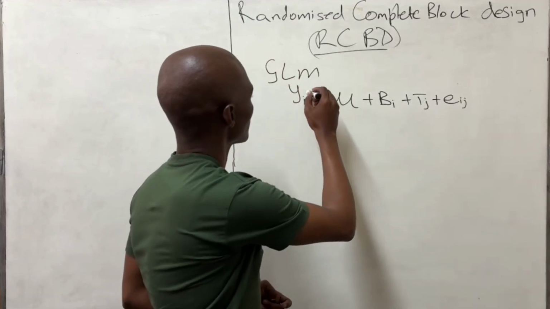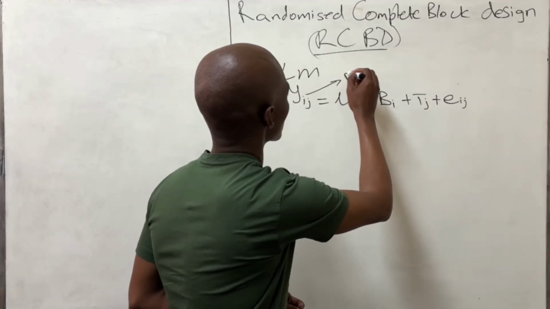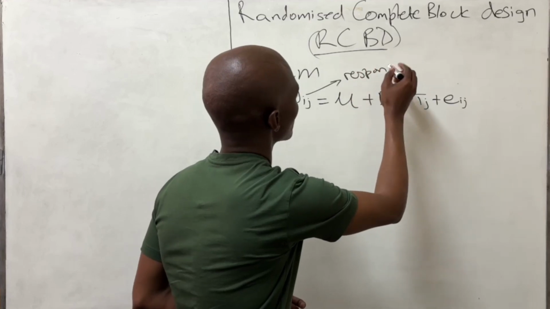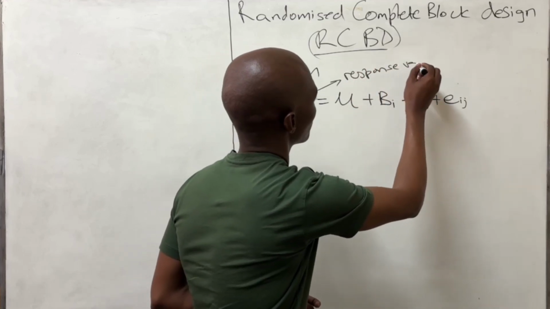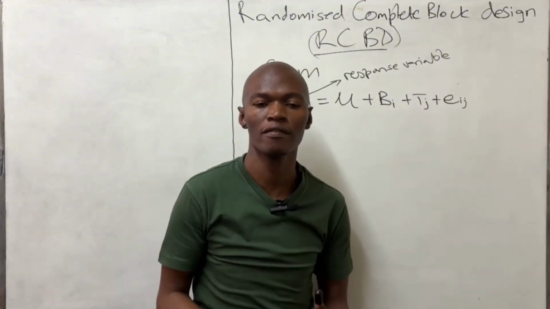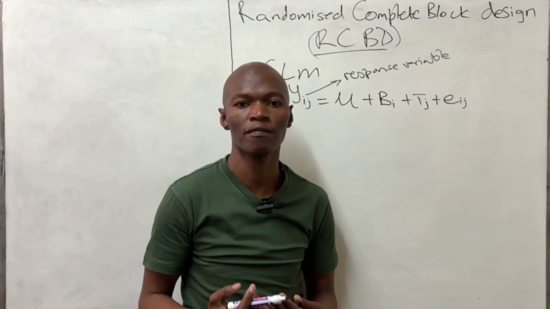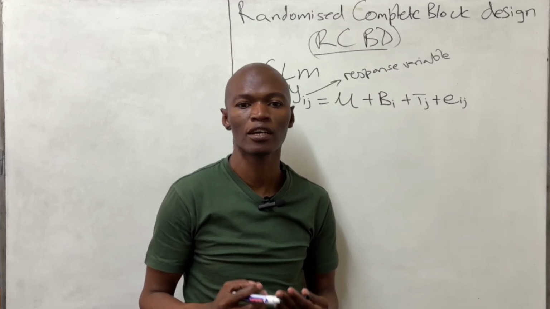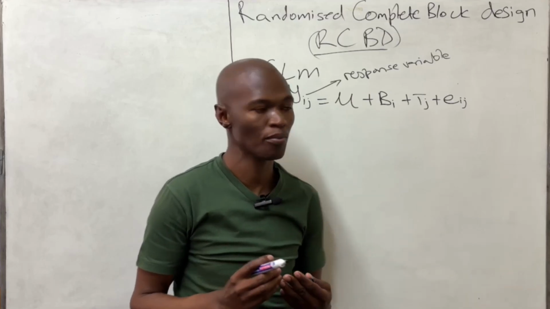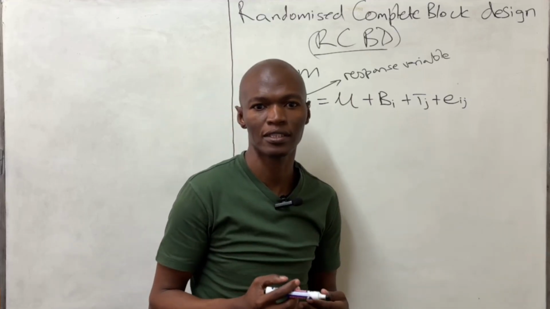So here Yij is our response variable. For example, if we want to observe the effect of fertilizer on the growth of plants, our response variable is the growth performance of those plants.